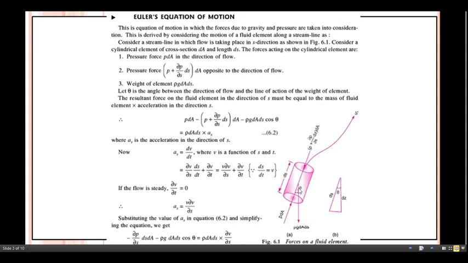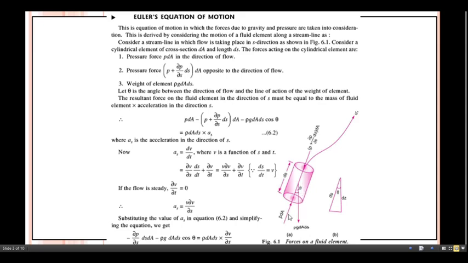Then the weight of the element, that is rho g dA ds. Let theta be the angle between the direction of flow and the line of action of the weight of the element.